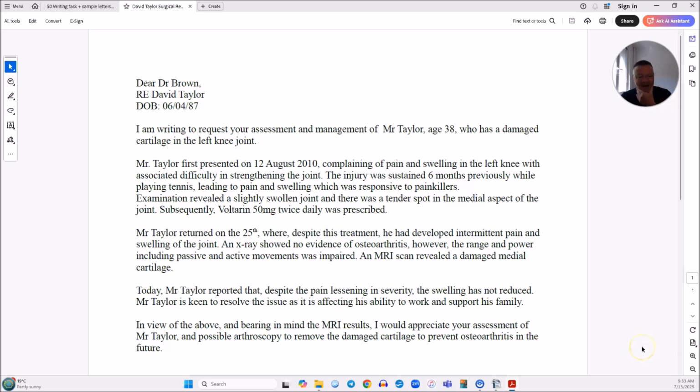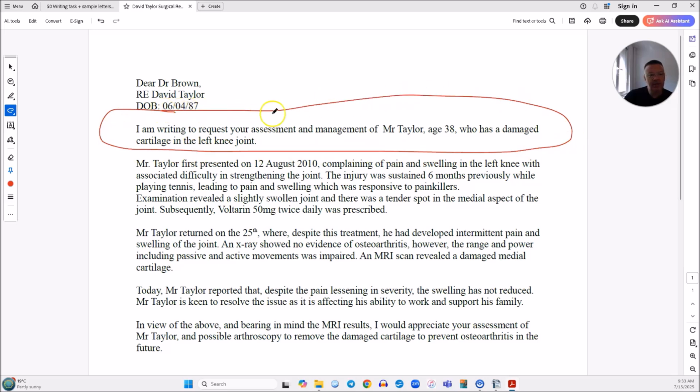So, as I keep saying, audience and purpose. That's the first thing. So, what do you want me to do? Assessment and management of Mr. Taylor, damaged cartilage in the left knee joint.